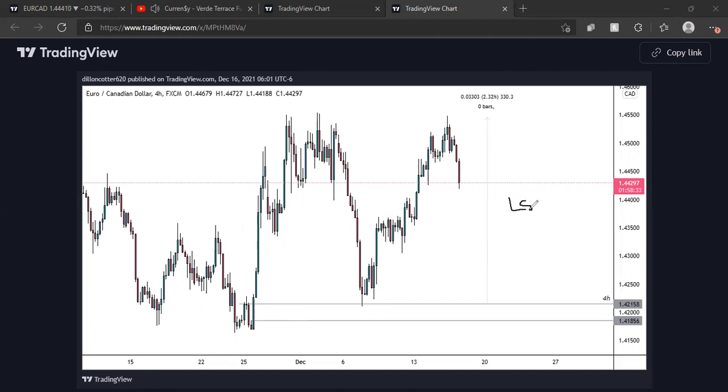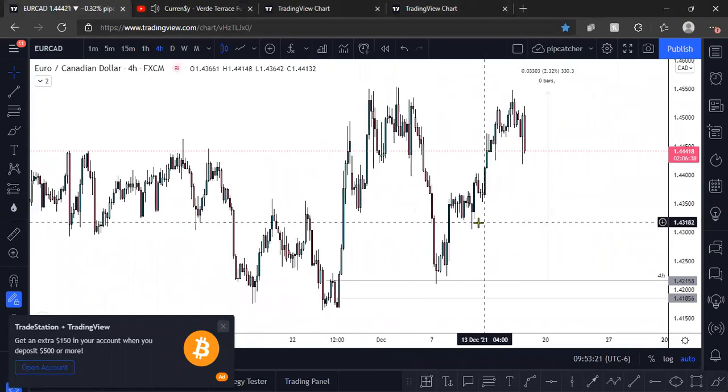If there's no break of structure, no trade from your demand area and supply area. So this was the before and after.